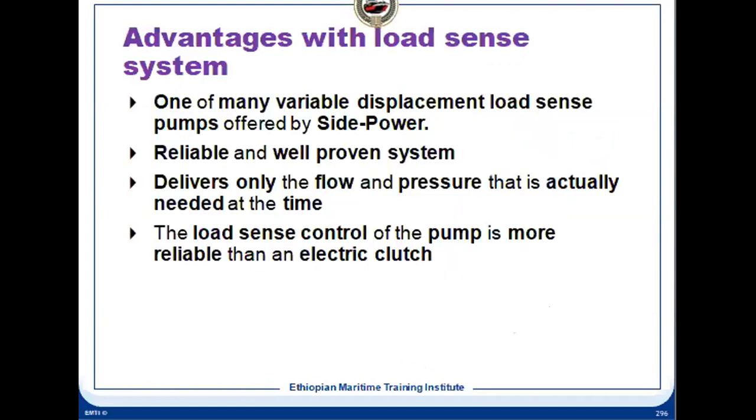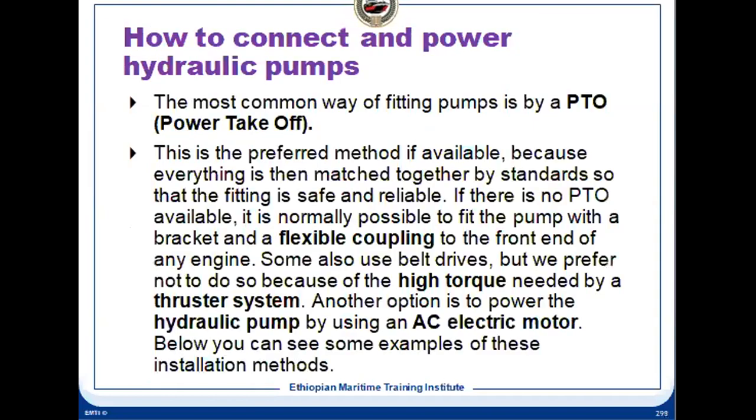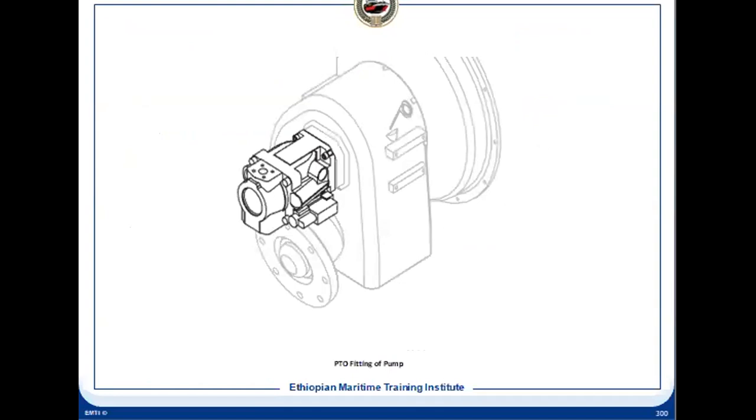And this is the pump we have. On load sense, we have seen in one of the diagrams I had explained how the load sense is automatic, so the flow is controlled automatically. The swash plate angle changes, it senses the delivery pressure and changes the swash plate angle. And the power takeoff is how it is driven. The pump can be driven by the engine also. Suppose the engine is doing some other work, this hydraulic pump also can be driven.